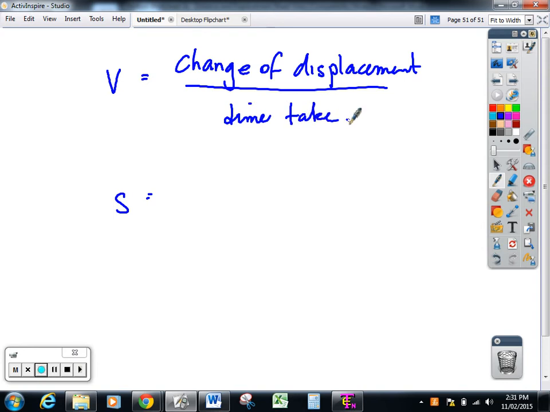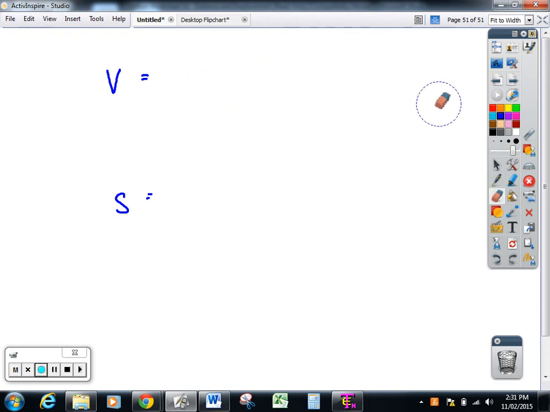displacement change. Okay? Now, maths does not like sentences in our formulas, so we are going to rewrite that and use a mathematical symbol that you will know very quickly in year 11. It is going to be part of your calculus.